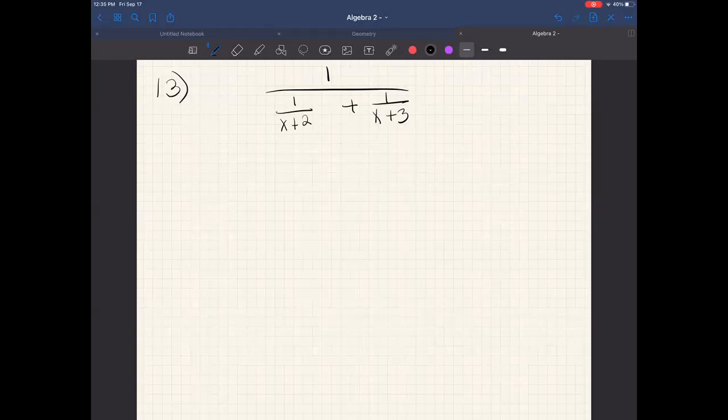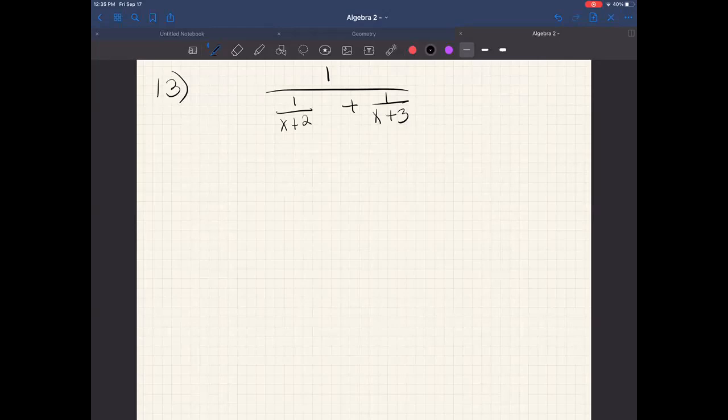So what number would I want to use? What number? 3. No, I can't use 3. It's greater than 3, not greater or equal to 3.